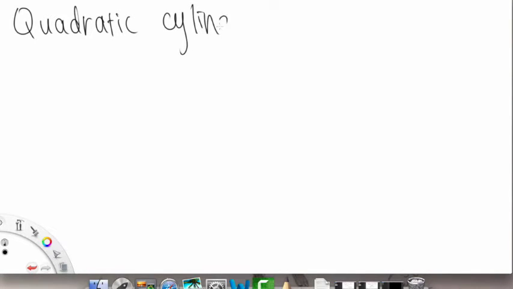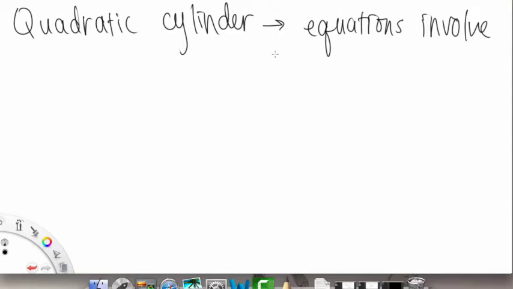So what we're going to see is a quadratic cylinder. There are actually various types of these, but basically what a cylinder is, their equations involve only x and y, okay?